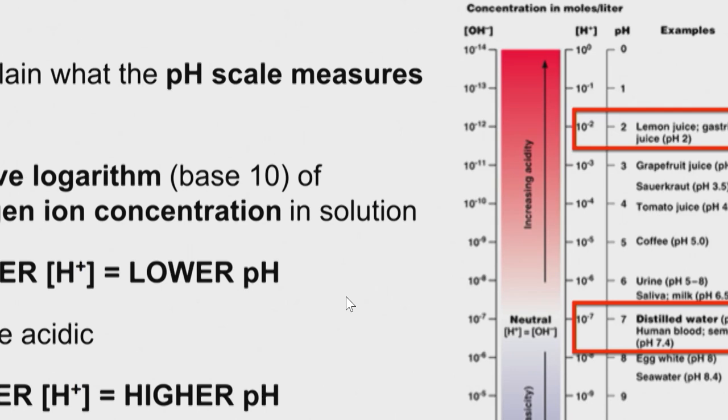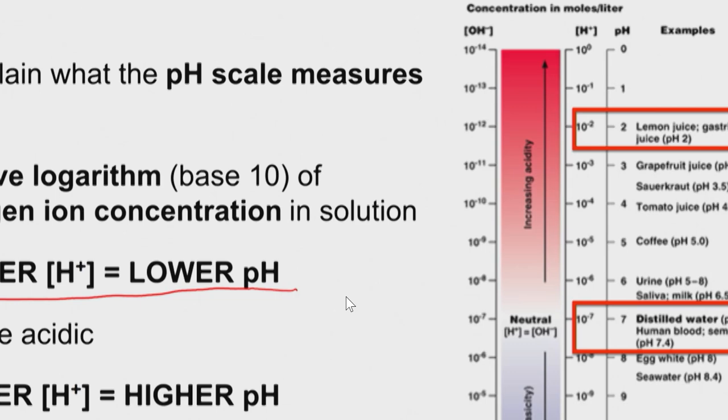Also, this is a negative logarithm scale. The lower pH means higher H plus concentration. Once again, a higher H plus concentration means a lower pH number.